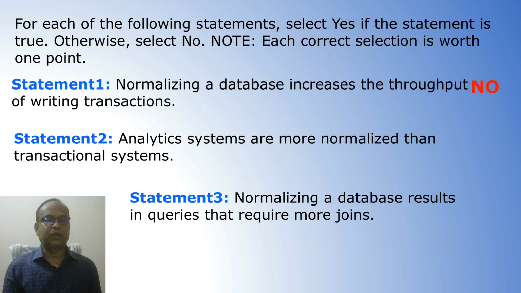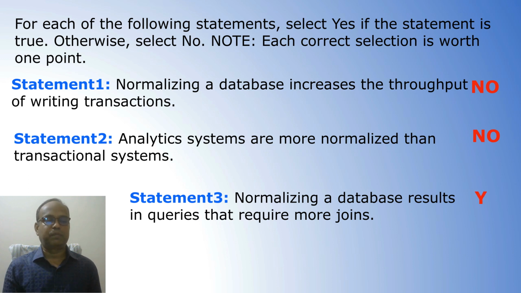In fact, it can often make it worse, but it will keep your data duplicate free. In the second statement, analytics systems are denormalized to increase performance. Transactional database systems are normalized to increase data consistency. So, this statement is false.